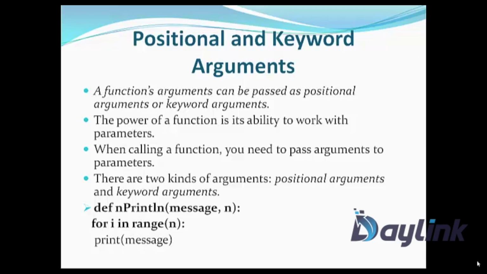Using positional arguments requires that the arguments be passed in the same order as their respective parameters in the function header. For example, def nPrintln(message, n), for i in range(n), print the message. The following function prints a message n times.